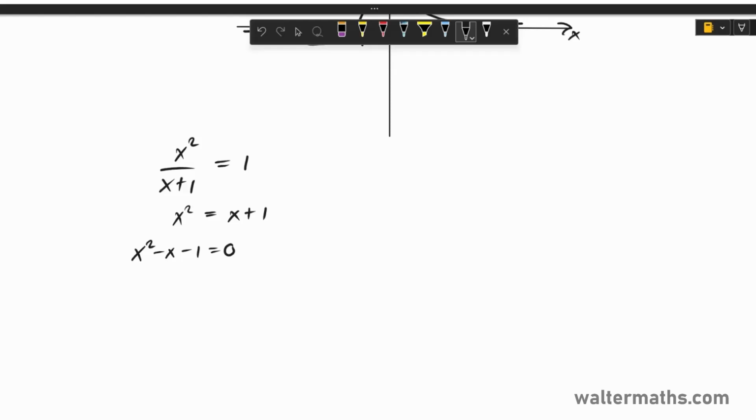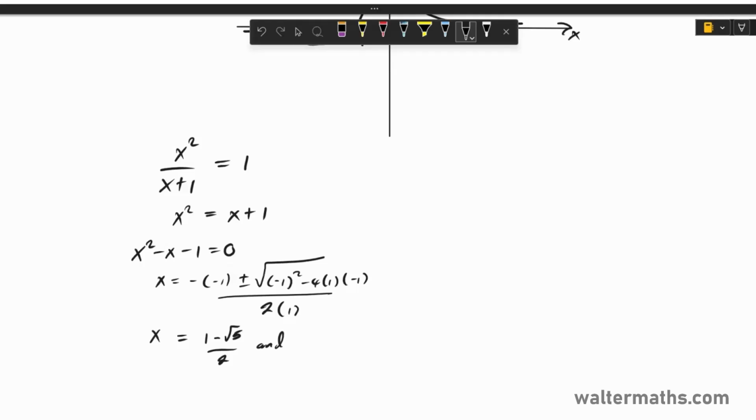And now, solving this equation by the quadratic formula, it will be x equals minus of minus 1 plus or minus the square root of minus 1 squared minus 4ac, all over 2a, and this will give us x equals 1 minus root 5 all over 2, and x equals 1 plus root 5 over 2. So these are the two values. Okay, this is alpha and this is beta.